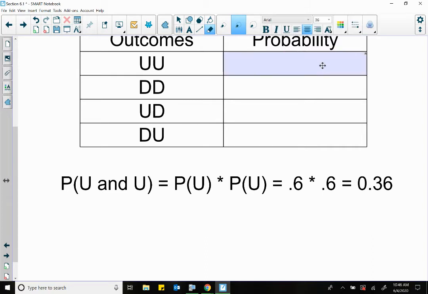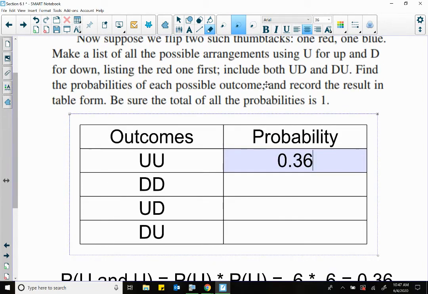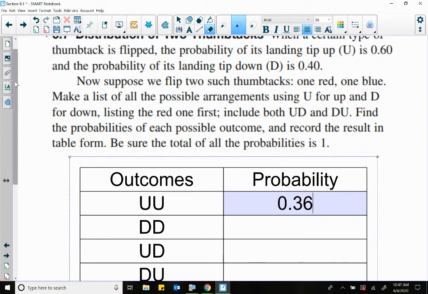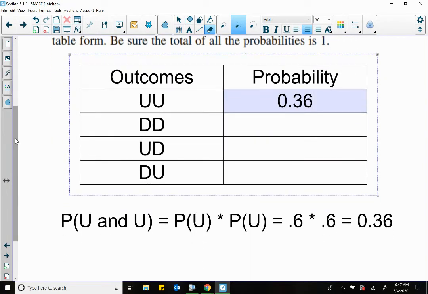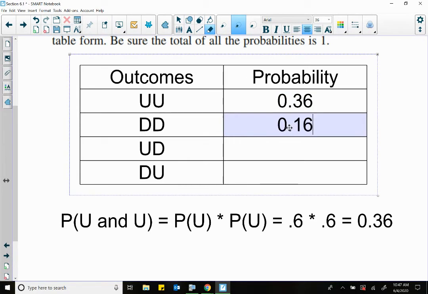I want to be inside my chart. 0.36. And then you basically just continue the same fashion with DD and UD and DU. Okay? So the probability of D was 0.4. So if I take 0.4 times 0.4, I get 0.16.